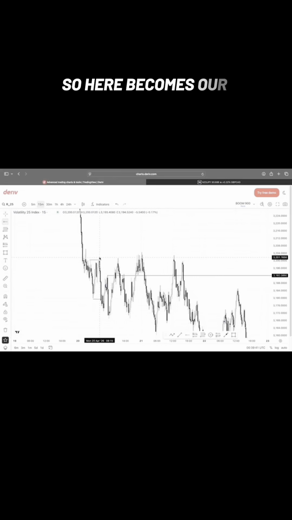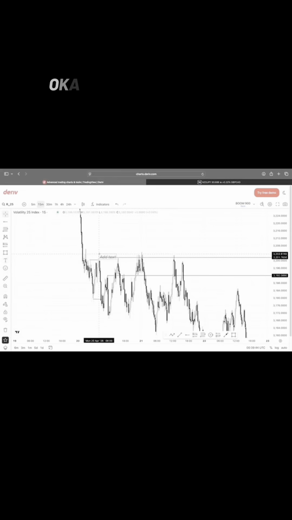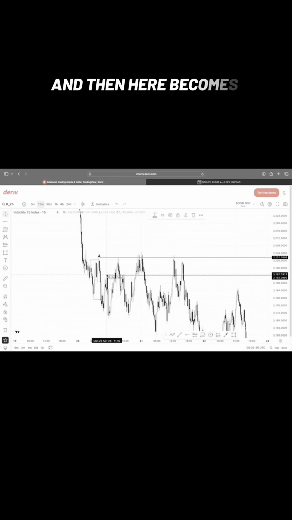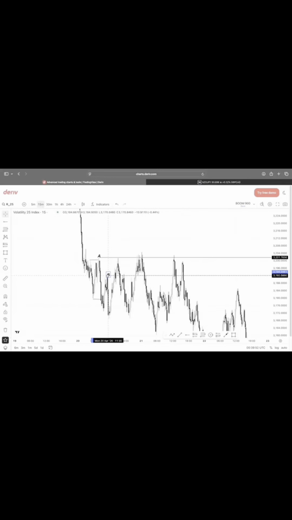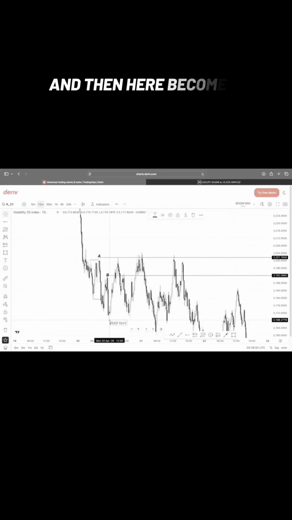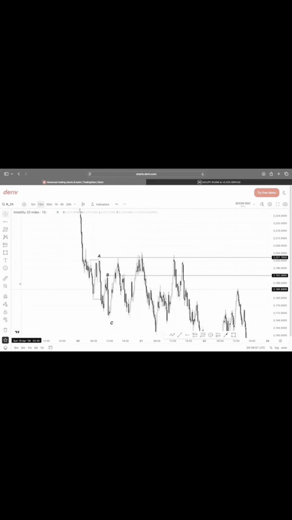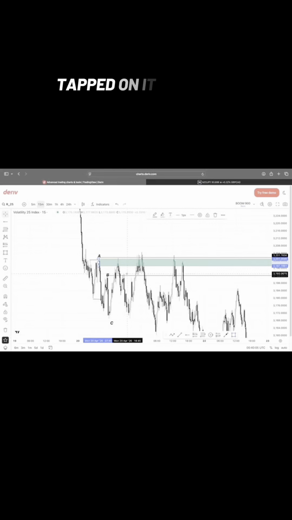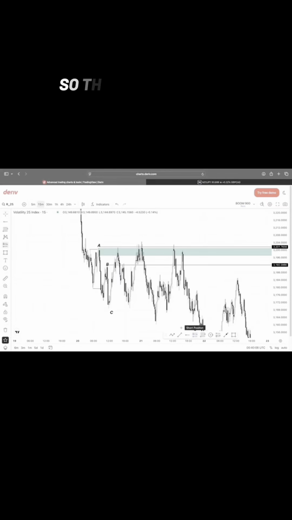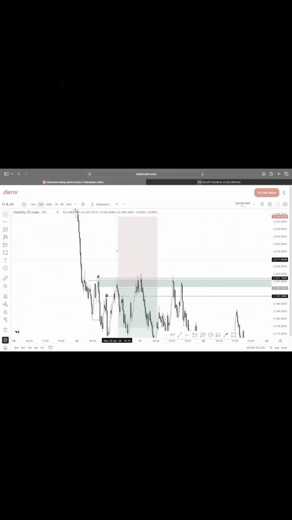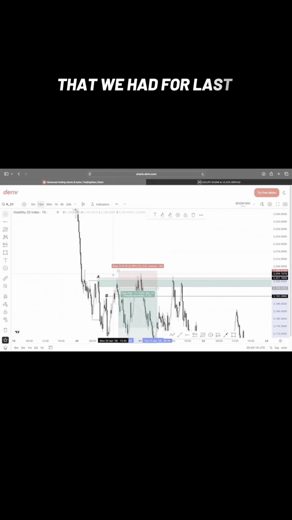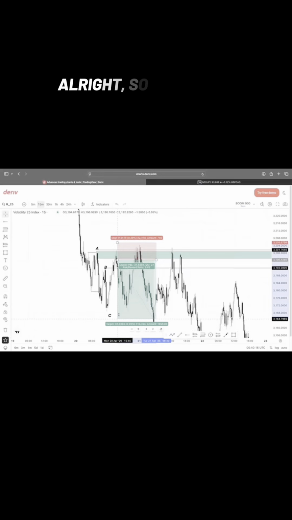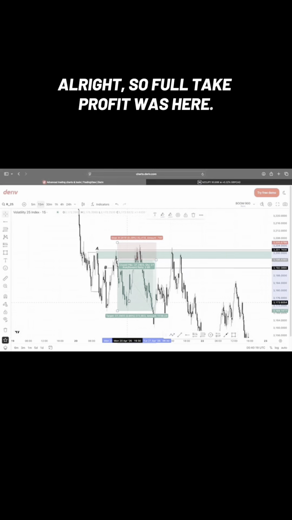So here becomes our point A, and then here becomes our B, and then here becomes our C. So price came here, tapped on it, and then boom, to the downside. So this was the first trade that we had for last week. All right, so full take profit was here.